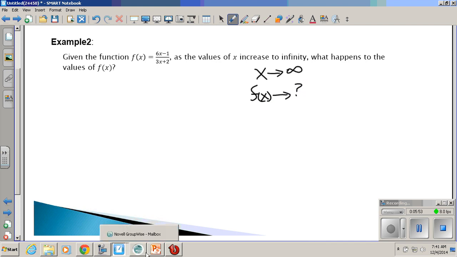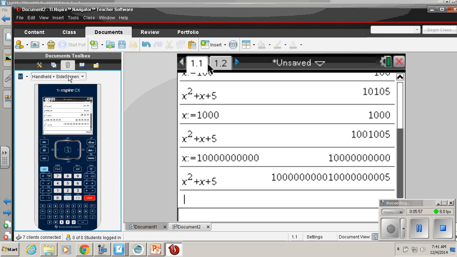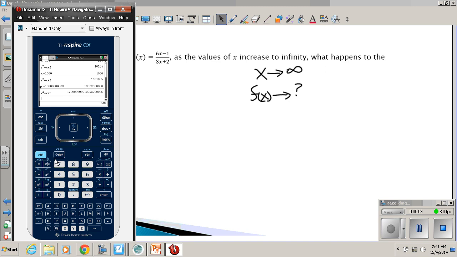So we'll do the same thing. This time my equation is, do that Control division and it'll make a fraction. So 6x minus 1 over 3x plus 2. Now, let's start with a smaller x value just to begin with.